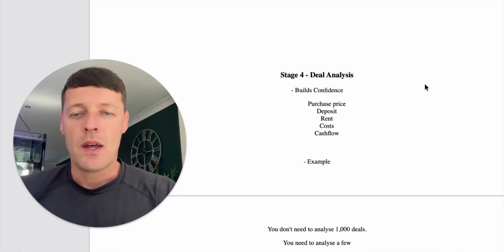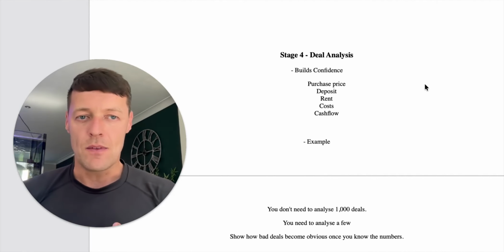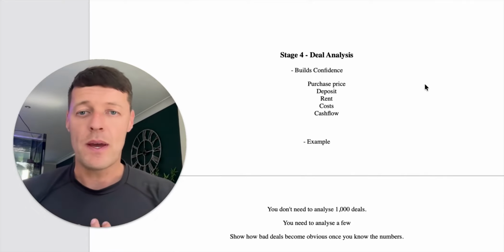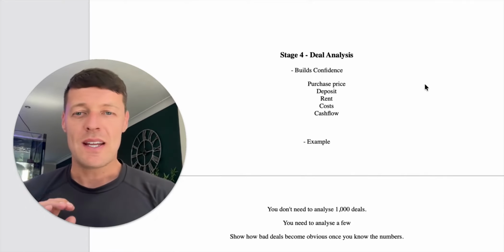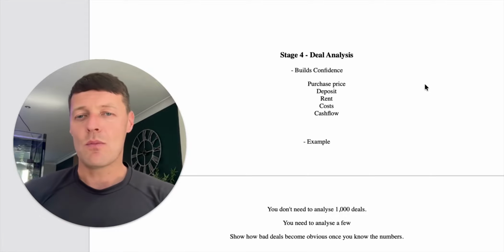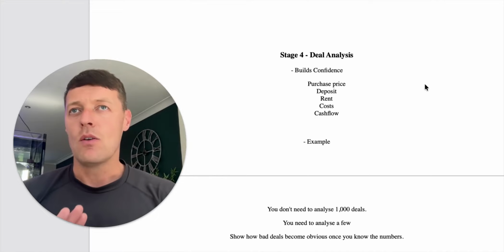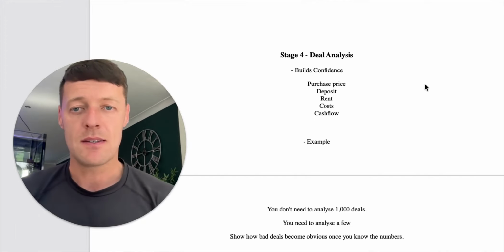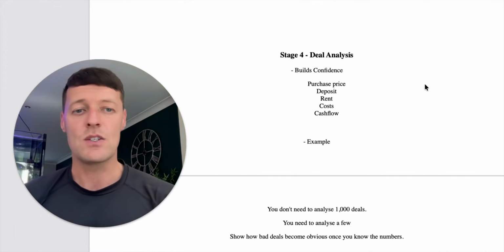So things to understand are the purchase price. Are you overpaying? Are you underpaying? Understand deposits, understand how much rent you can achieve, understand what costs are involved on a monthly and yearly basis. These are your outgoings. Understand cash flow.